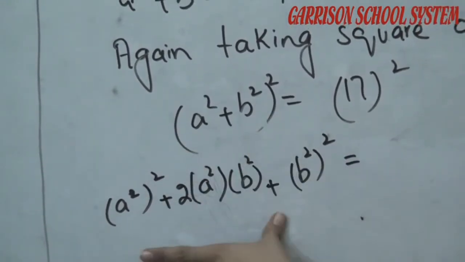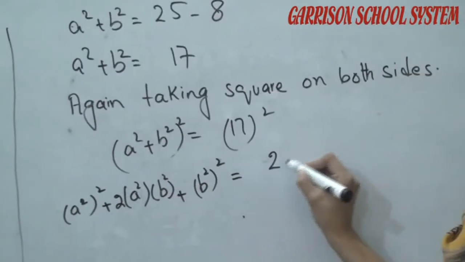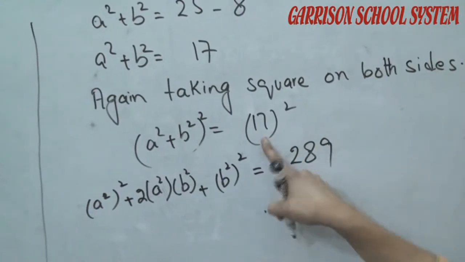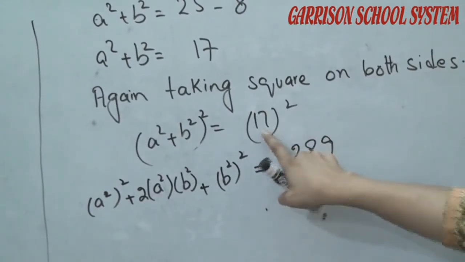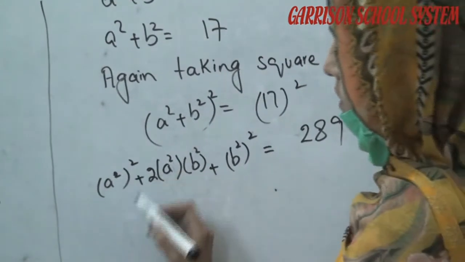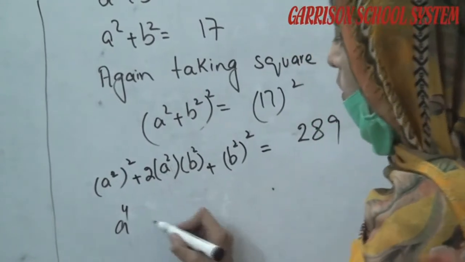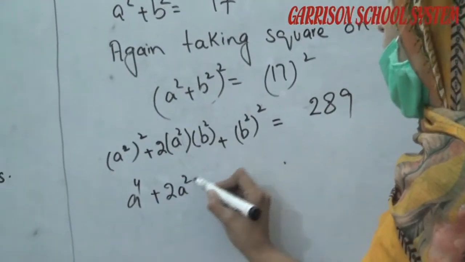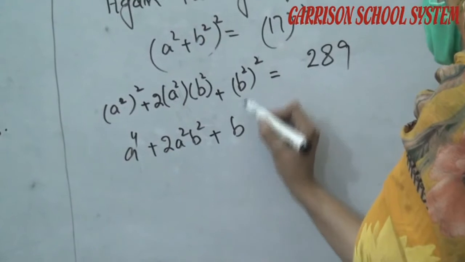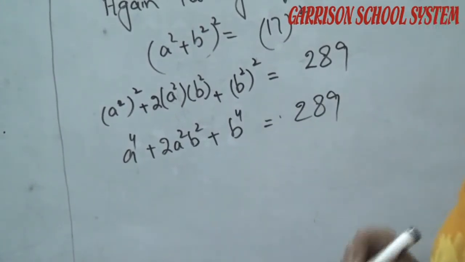This is the open form of this side, and 17 square means 17 multiplied by 17. When you multiply 17 by 17, it will produce 289. Then a4 plus 2a square b square plus b4 is equal to 289.